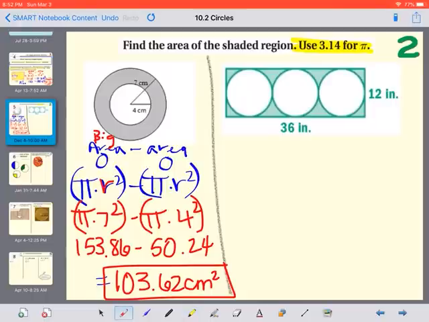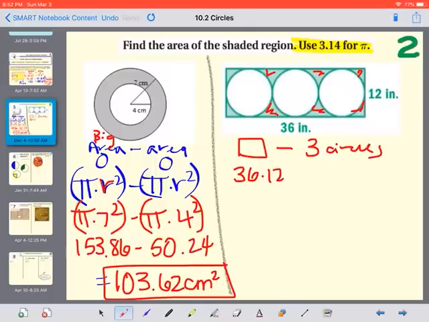This one's a little bit tricky because our big shape is a rectangle, and we're going to have to subtract 3 circles. I'll just write circles there. That way it'll leave us with the weird little pieces around the edge. That's the shaded part. So our rectangle is 36 by 12, base times height.